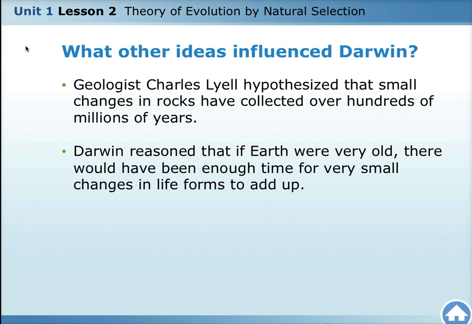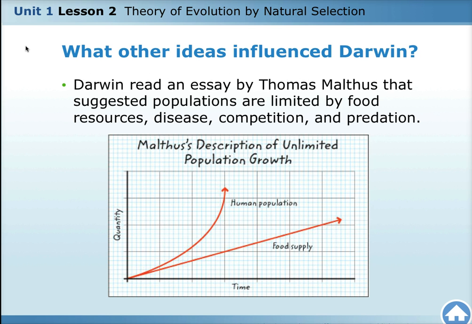Geologist Charles Lyell hypothesized that small changes in rocks have collected over hundreds of millions of years. Therefore, Darwin reasoned, if Earth were very old, there would be enough time for very small changes in life forms to add up. Darwin read an essay by Thomas Malthus that suggested that populations are limited by food resources, disease, competition, and predation.